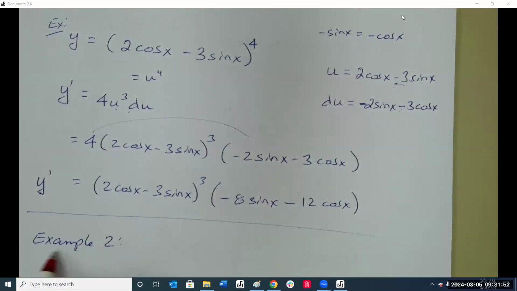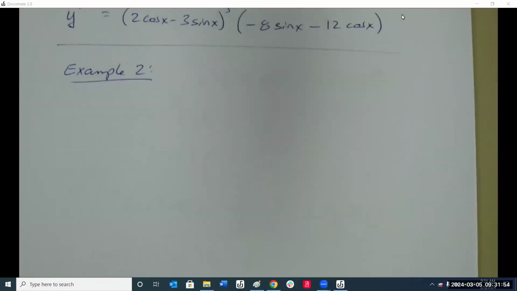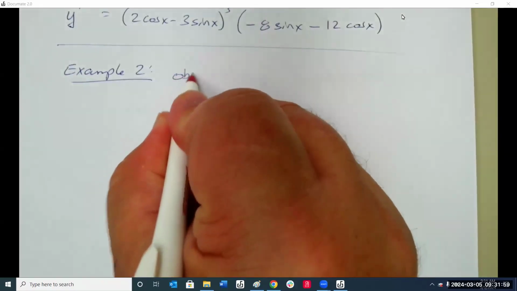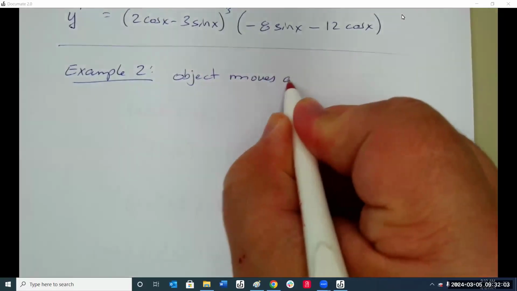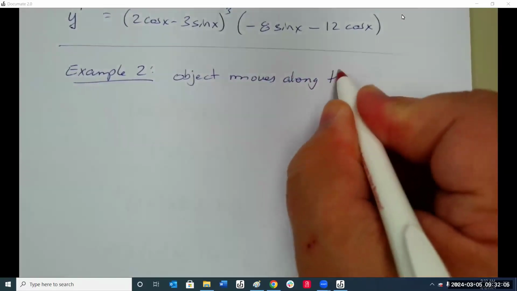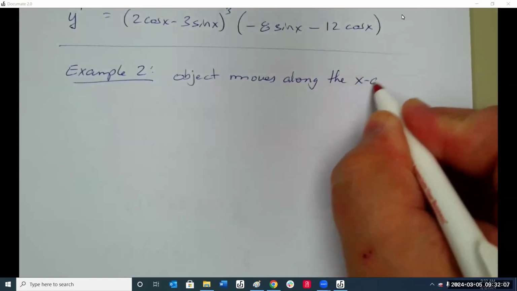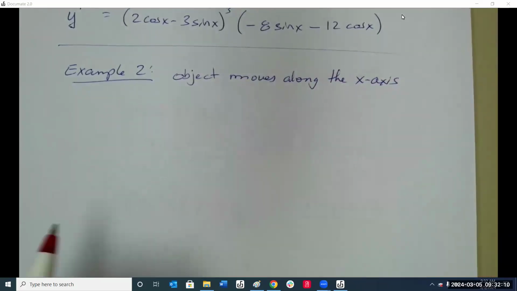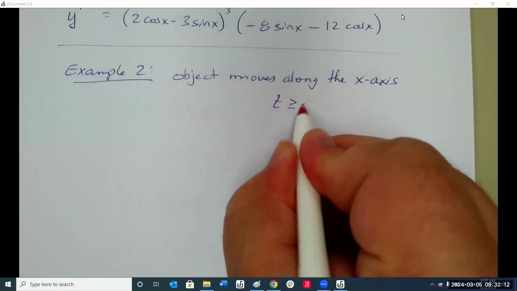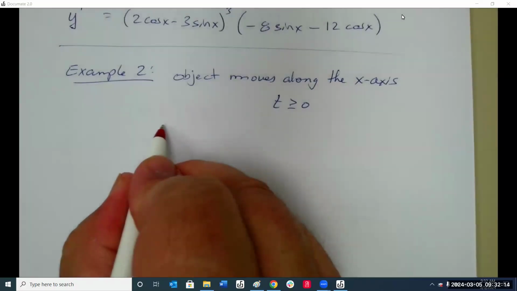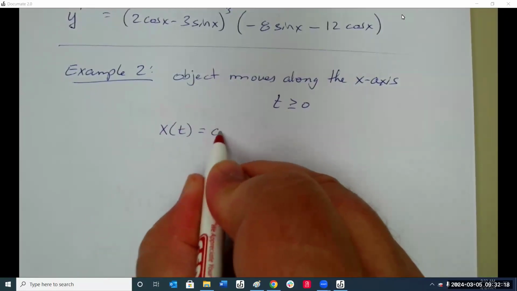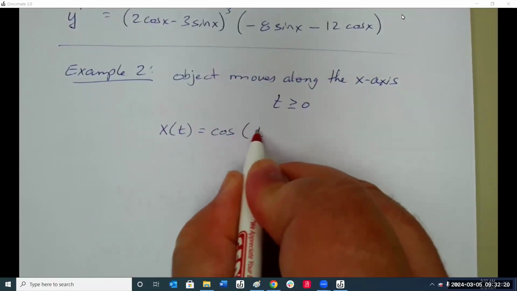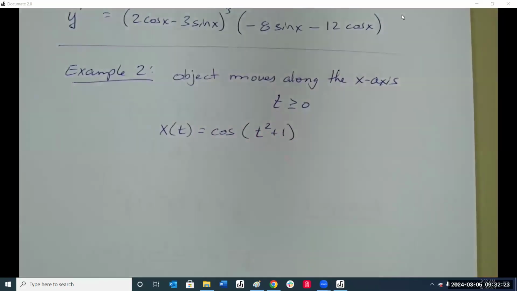Example 2. It says an object moves along the x-axis. For time greater than or equal to 0 is given by the function. Since it's an x-axis, it's got to be the cosine function. Cosine of t squared plus 1.